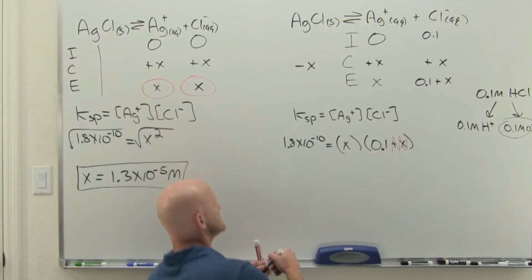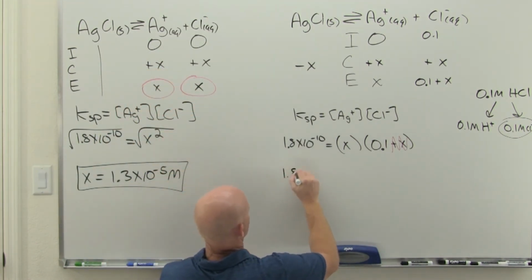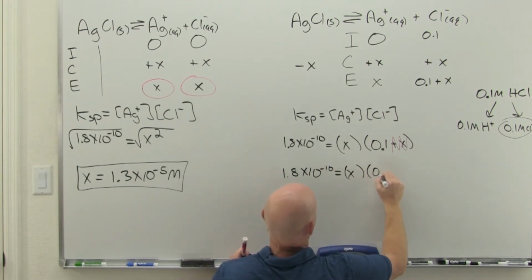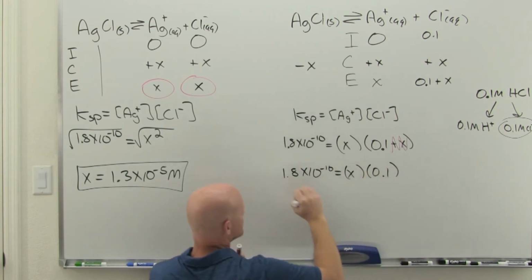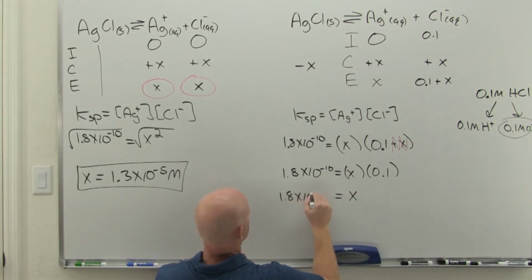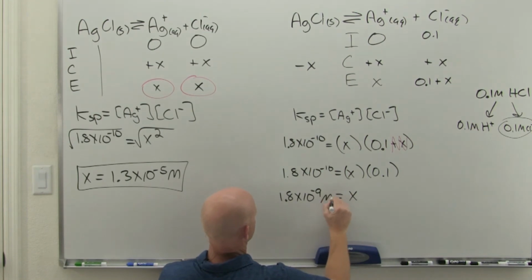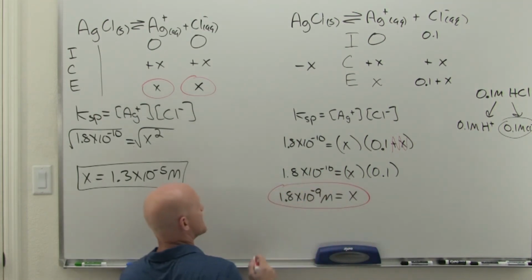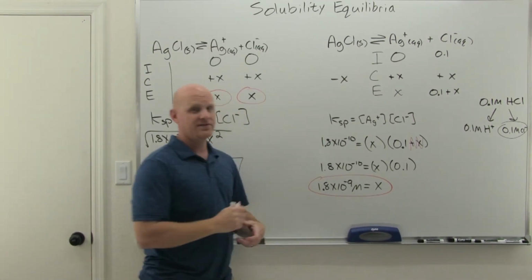And so in this case, this reduces down. So 1.8 times 10 to the negative 10 equals x times 0.1. We'll divide both sides by 0.1 to get x equals 1.8 times 10 to the negative 9 molar. Cool. And that is x, which is our molar solubility, what we're being asked here.